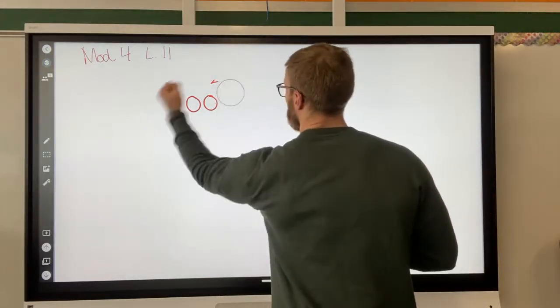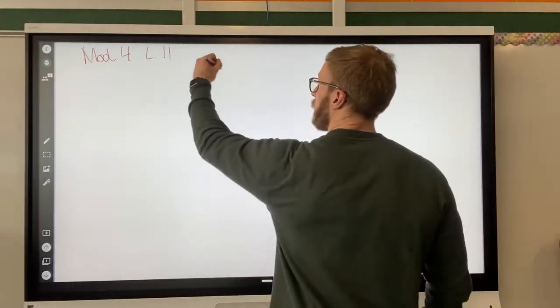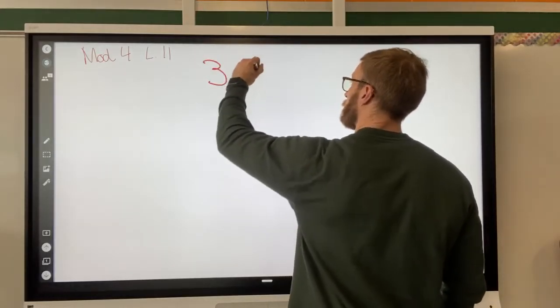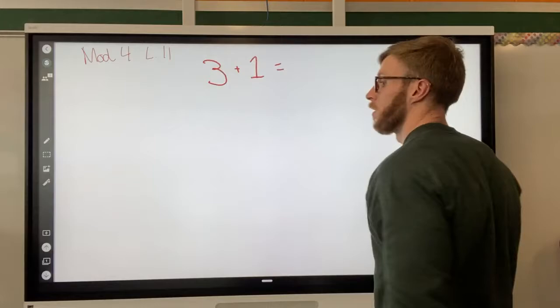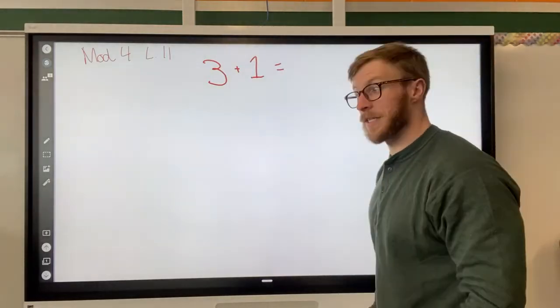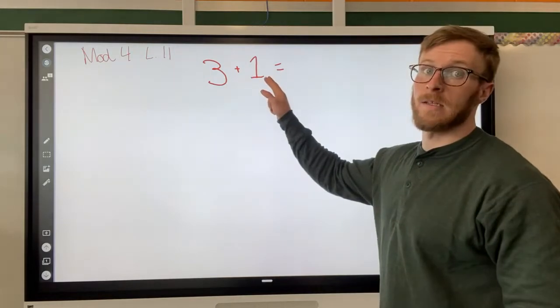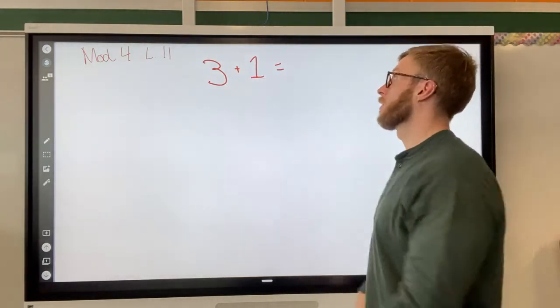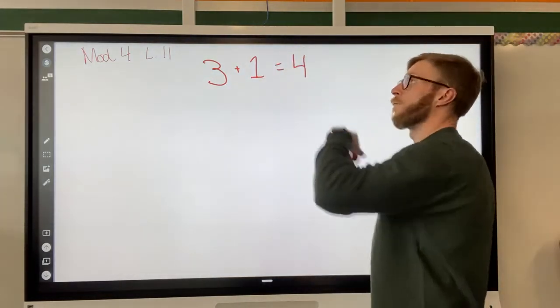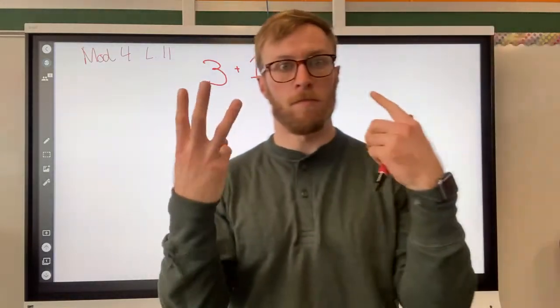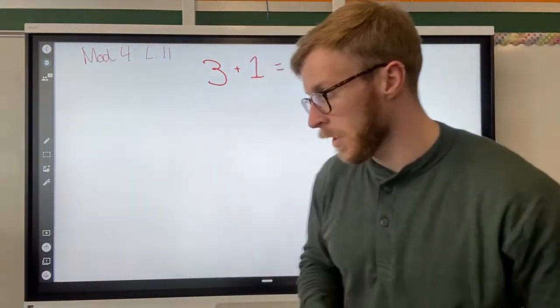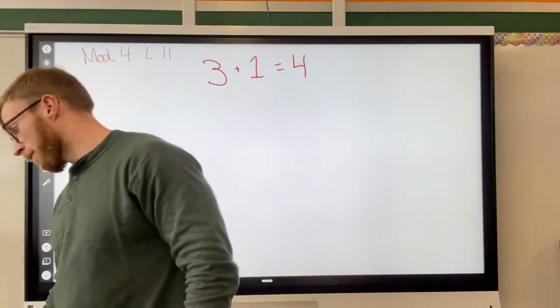Okay, let's do this again. What if I give you the number sentence 3 plus 1? What does 3 plus 1 equal? Well, let's read this as bananas. 3 bananas plus 1 banana equals 4 bananas. We all know that 3 plus 1 equals 4. So we have 4 bananas.